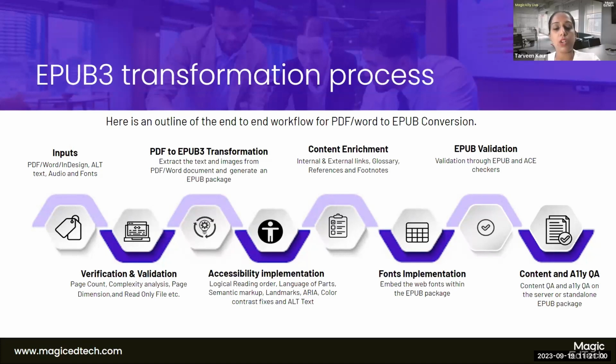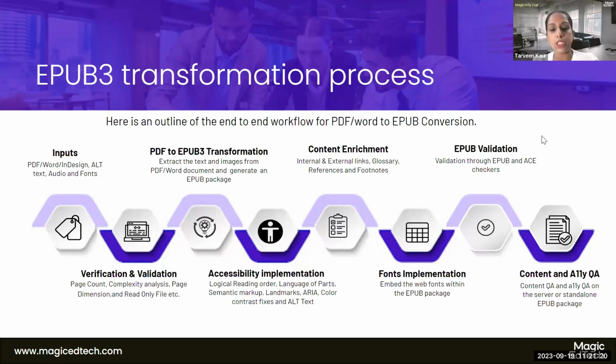We extract the text and the images from the PDF or Word document and generate an ePub package. That's the flow that we follow. Once all of that is done, we start with the actual accessibility implementation, and all the 6 key checkpoints that Erin shared in the last slide are the key consideration.